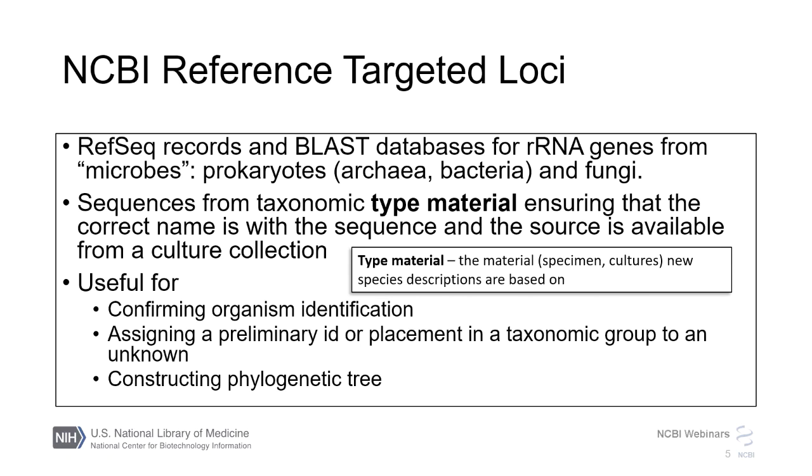So what are these useful for? These are useful for confirming organism identifications. If you have an unknown, they are good for assigning a preliminary ID, or at least a placement in a taxonomic group. You're not necessarily going to be able to identify the species, and we'll talk a little bit more about that. And you can use these to construct phylogenetic trees, or to put them in your phylogenetic trees to get some anchor points and things like that.